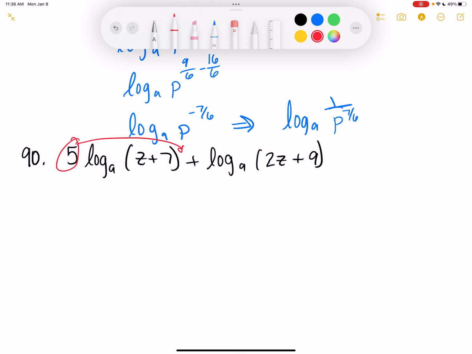Yeah, that's what I figured you were trying to say. Log base a of z plus 7 raised to the 5 plus log base a of 2z plus 9. So then how do I combine that?